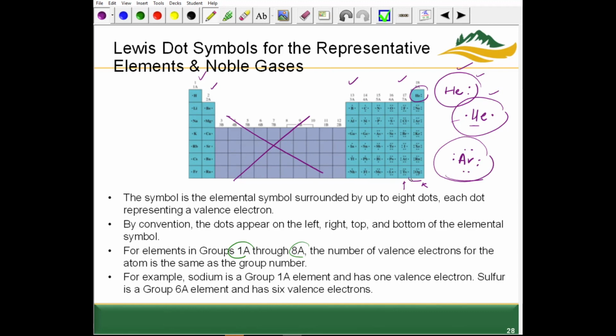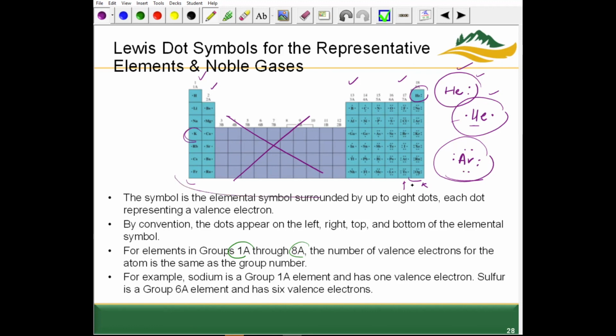Halogens with 7 valence electrons, what can they do to have a happy octet? They'll gain an additional valence electron by participating in a bond. Our alkali metals like potassium, how can that be happy with a complete octet? Well, it wants to get rid of 1 valence electron to reach a happy octet.